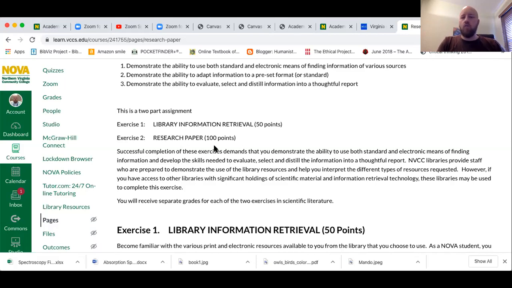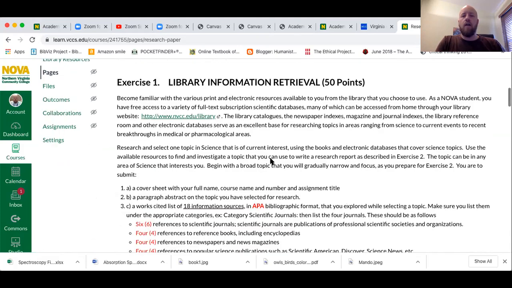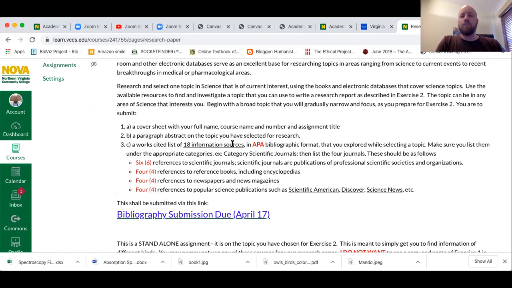And so this is a good way to ease into that, because again, it's only 3 or 4 pages. It's not overly long, especially even at the undergraduate level. So for the 18 sources, I'm not being as strict. These are the categories that I would like you to think about, because we should be comfortable with drawing information from various sources.